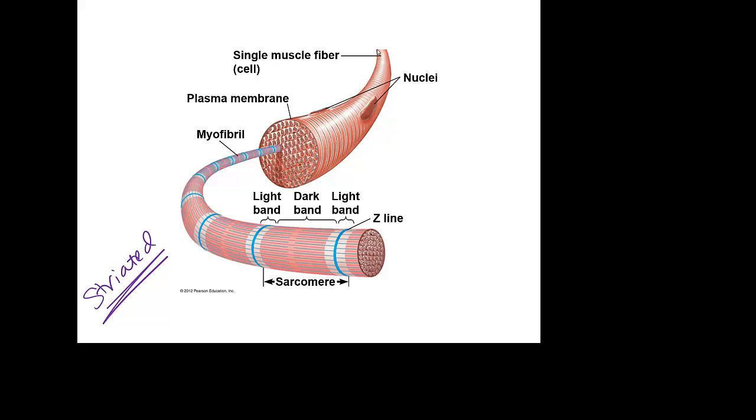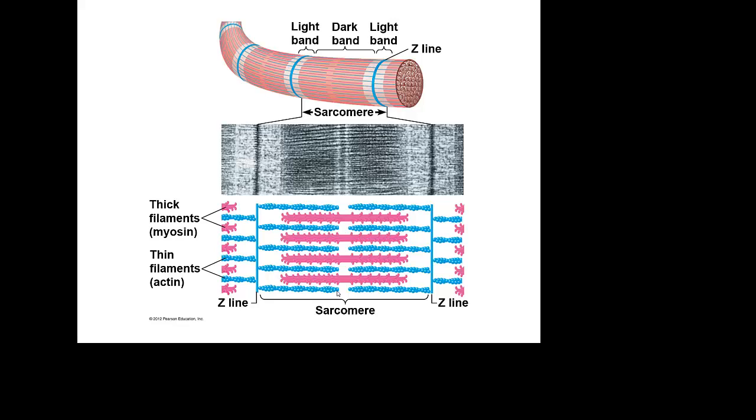So when we look at a myofibril, what we're interested in is from this spot to this spot, the sarcomere. Well, what's so exciting about this thing? When we look at it up close, you actually see, and this is an SEM image of a sarcomere, that we've got a lot going on.